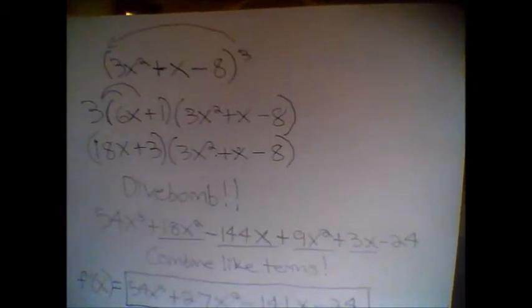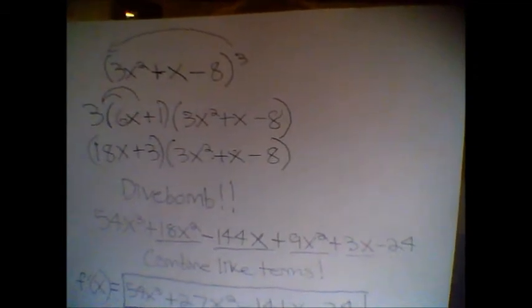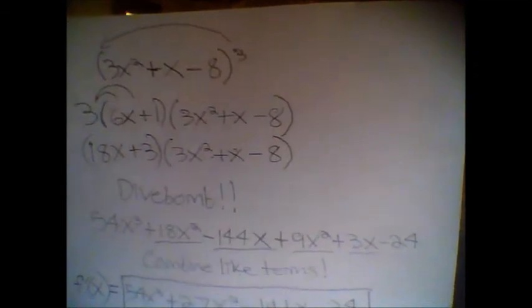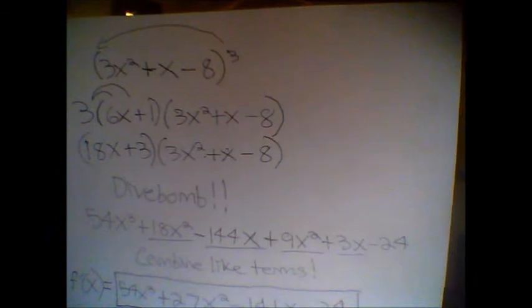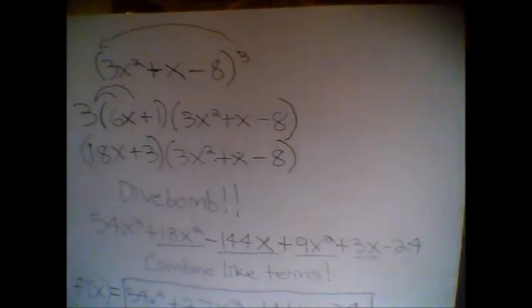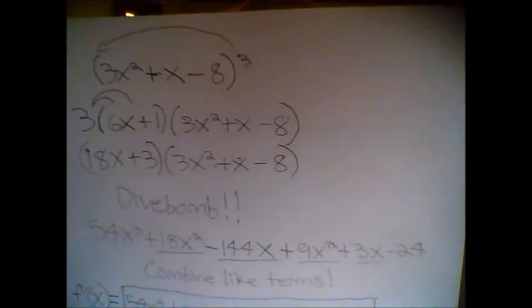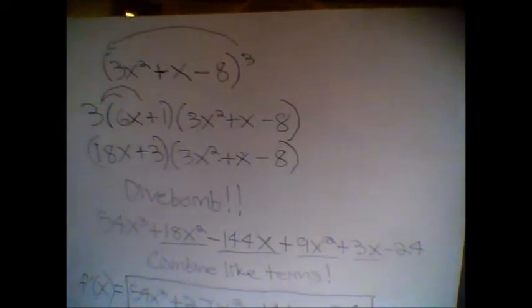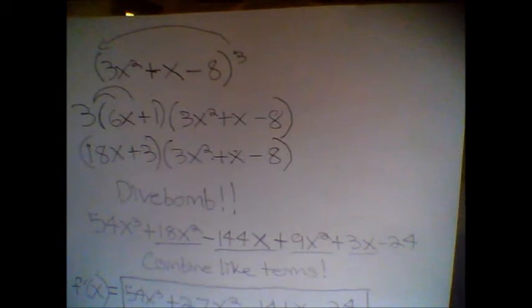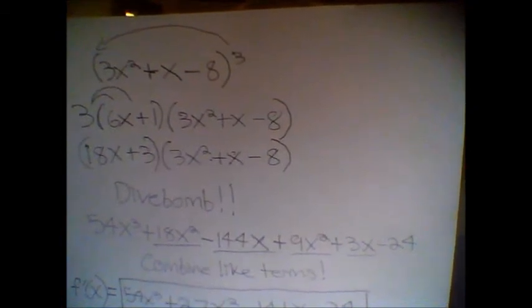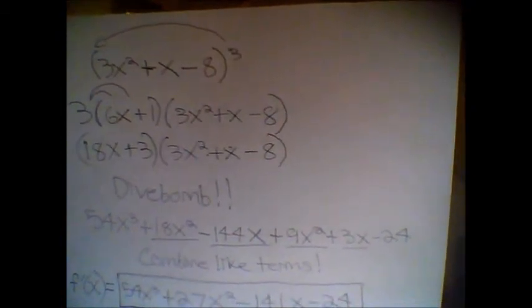Now it gets simple. You just multiply everything together. When you multiply 3 times (6x plus 1), you get 18x plus 3, and then you multiply that times the original expression, which stays the same. So now you're going to multiply (18x plus 3) times (3x squared plus x minus 8).